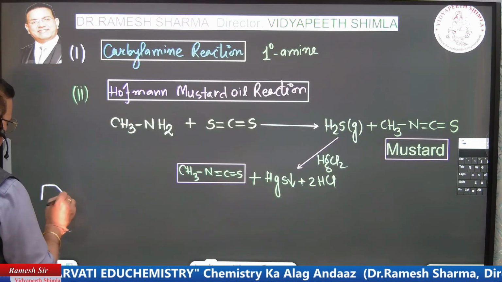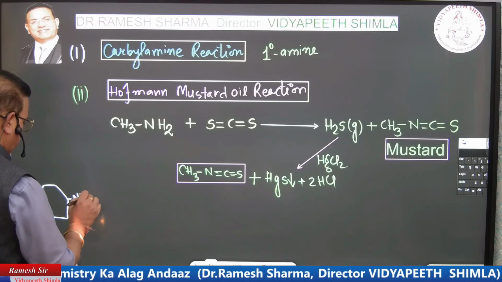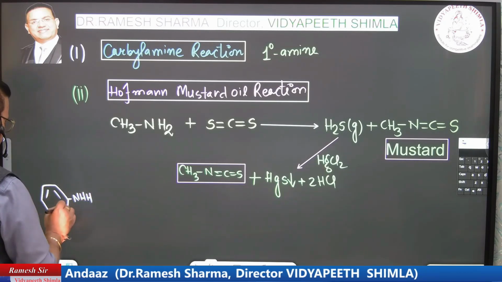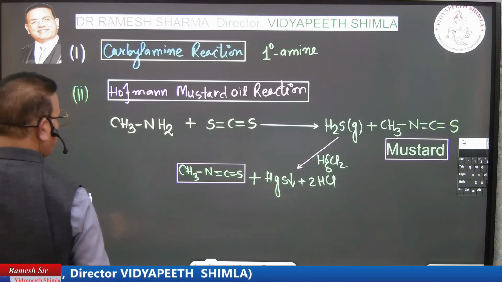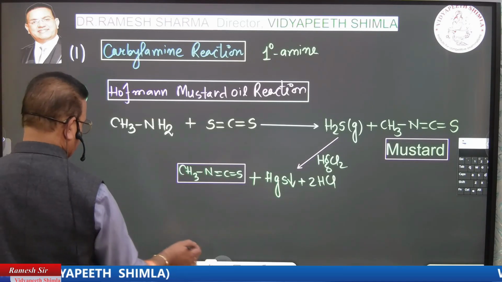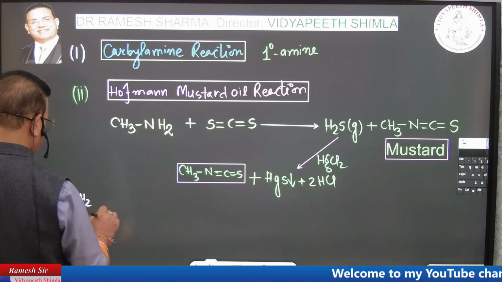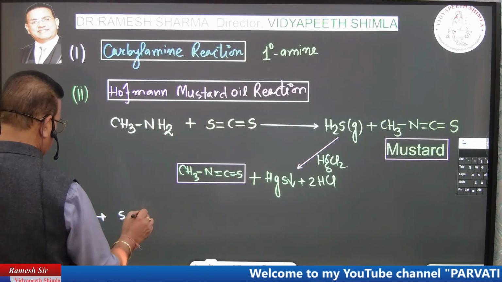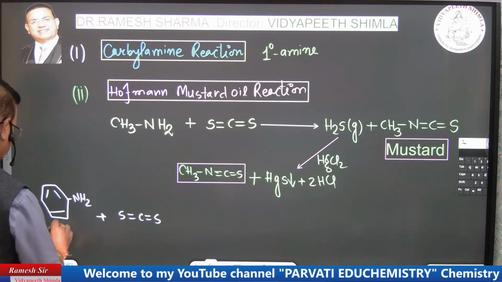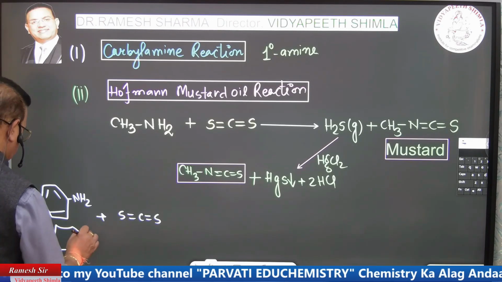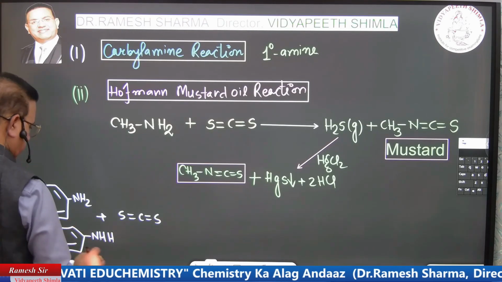If aromatic amine is treated with this, if we have aromatic amine, meaning aniline, the reaction is in 2:1 molar ratio.